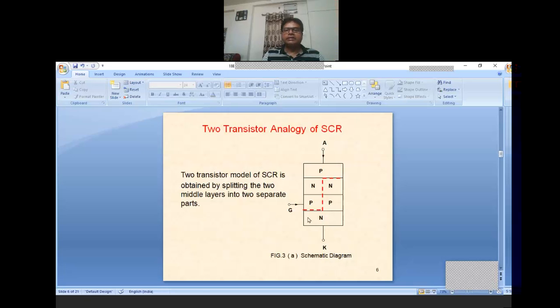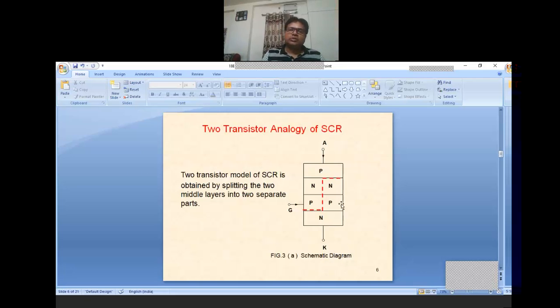As shown in the slide, the red dotted line is the demarcation line depending on which we can divide the given SCR into two different sections, where the upper P layer comprises of the transistor T1 or anode transistor, which is a PNP transistor, and outer N layer comprises of a transistor T2, which is NPN.